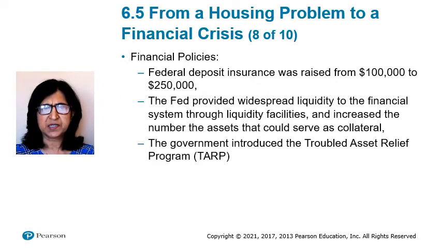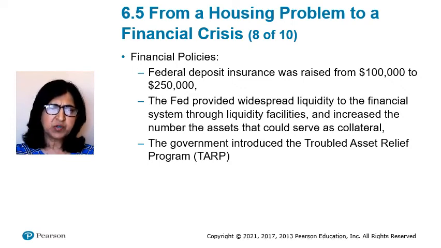Financial policies. The financial policies were all designed to restore faith in the financial system as well as to shore up financial institutions to prevent collapse. Federal deposit insurance was raised from $100,000 to $250,000.